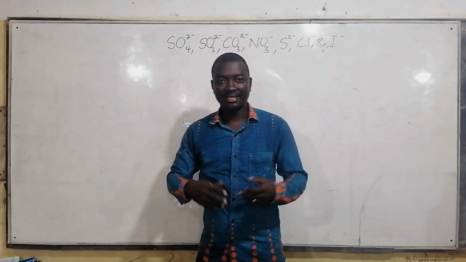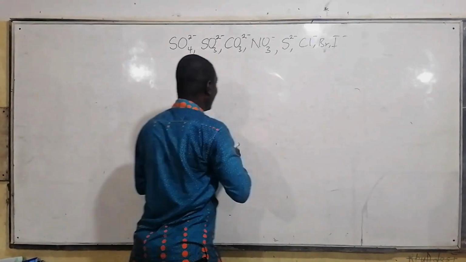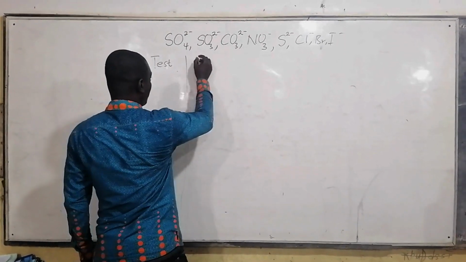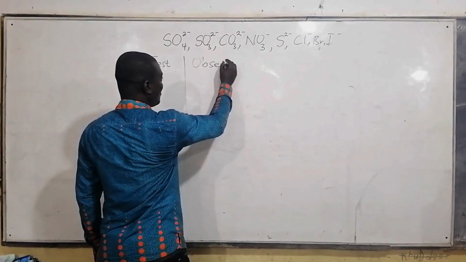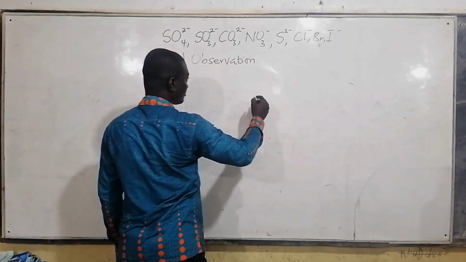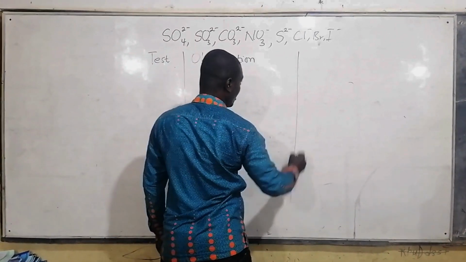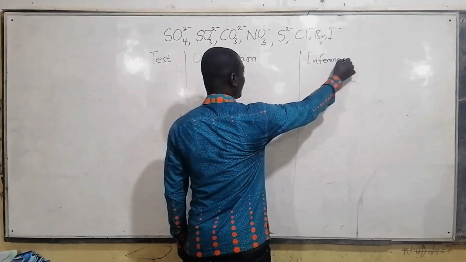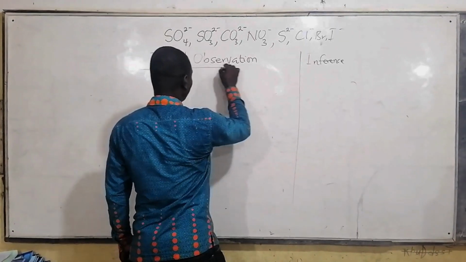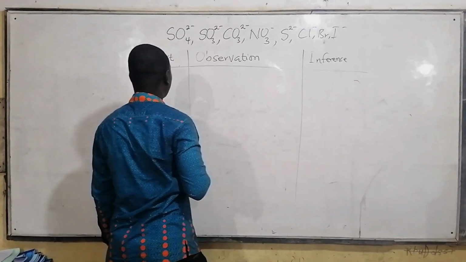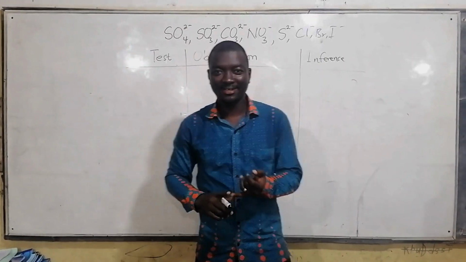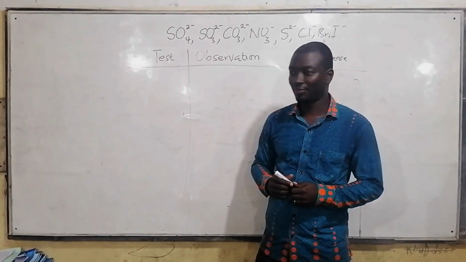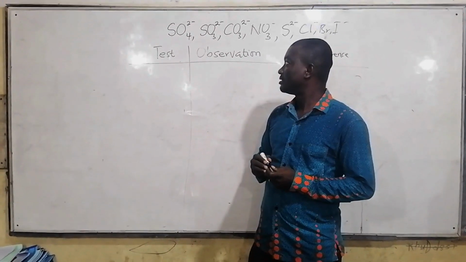As usual, it's a 3-column activity. There is a test, there is an observation, and there is inference. Now, to start with, let's start with the sulfate ion.